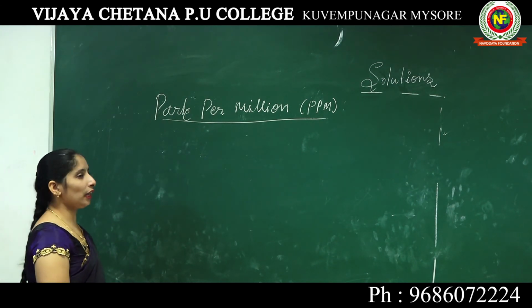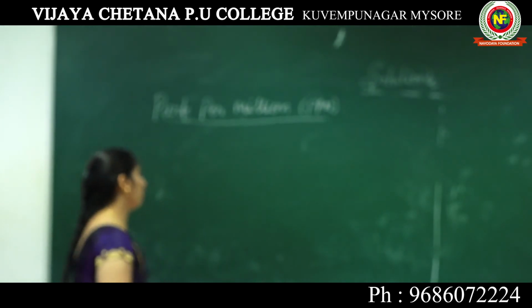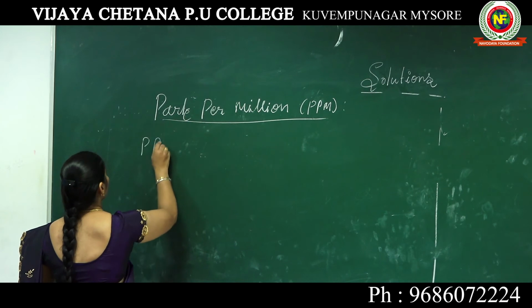So how do we define parts per million? The ppm, short form of parts per million.